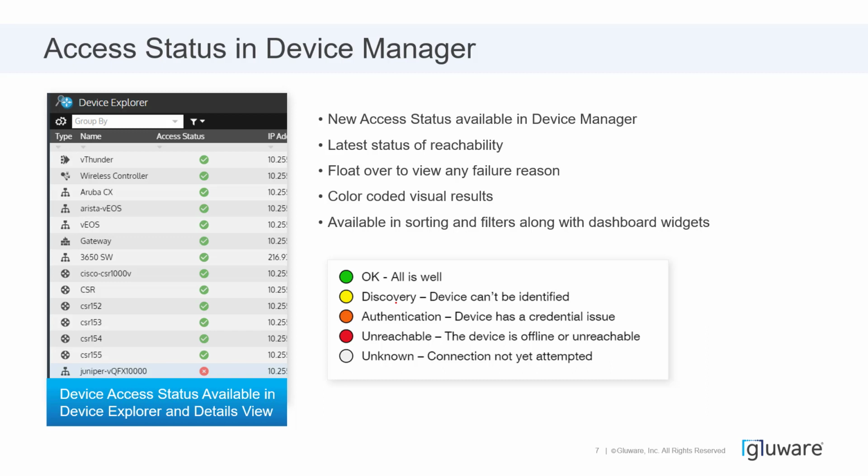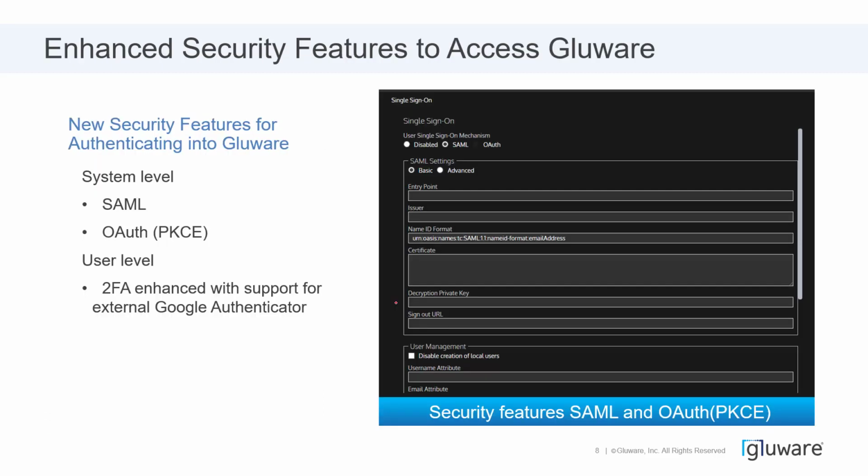That information is available in the Device Explorer and all apps, as well as config modeling and the grid. And as you click into the device details, you'll also see more information in details.